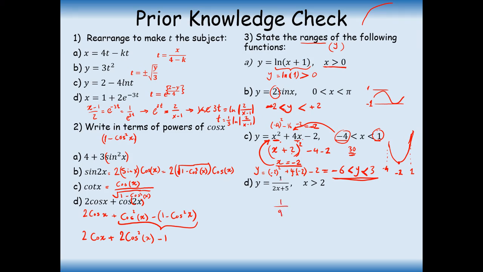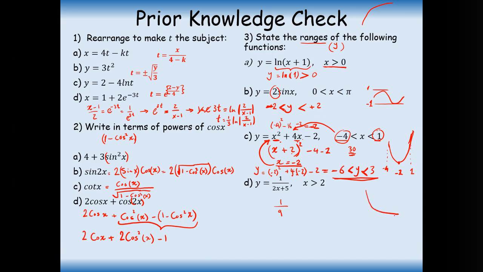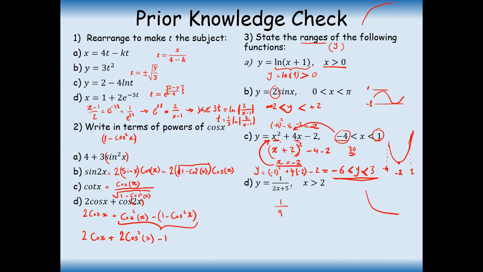Because this is a reciprocal curve, if you think back about the shape of this graph, the lowest value is achieved when we have the highest value for x, and the highest value of y is achieved when we have the lowest value for x.